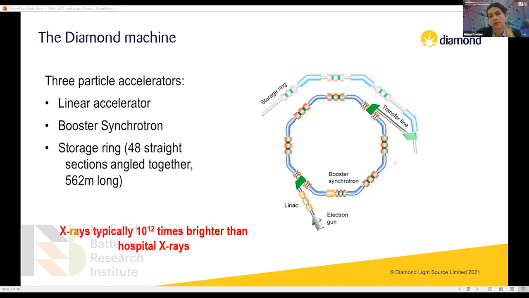Then they reach an energy of 3 giga electron volts at Diamond, nearly the speed of light. Once they have the right parameters, they are transferred into the storage ring, and from the storage ring they go straight to the straight section, to the beamline.